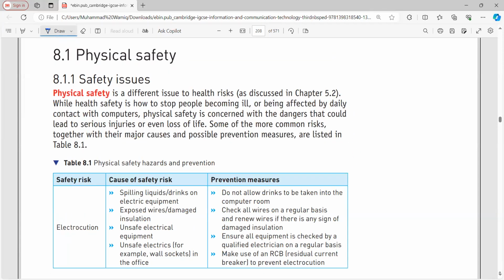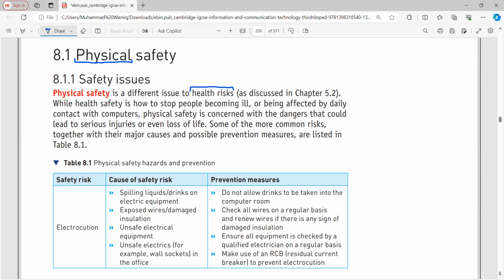First of all, we are going to discuss physical safety. Physical safety means things that are physical in existence, for example electrical wires and circuit boards. Physical safety mostly refers to the health risks associated with them.